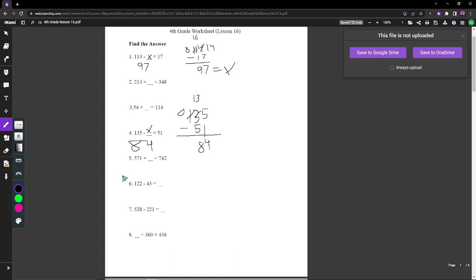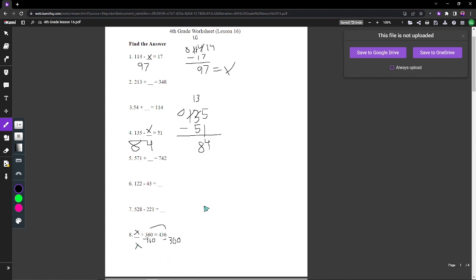Let's say something like number 8, for example. To do this, you would have to isolate x because you're looking for x. So you would have to subtract 360 from this side, and move it over here. Whatever you do on the left, you do to the right. So you're also subtracting 360 here. This will get you x.